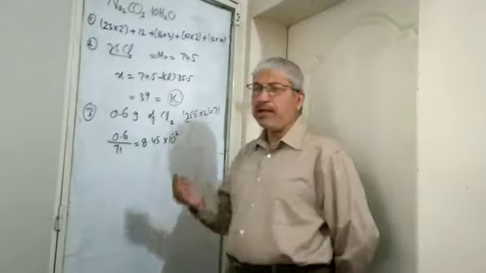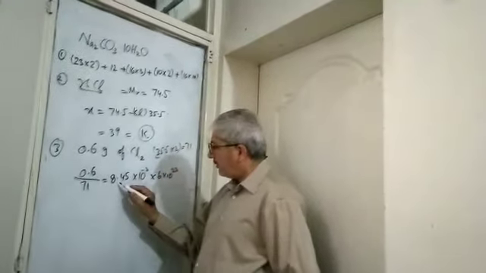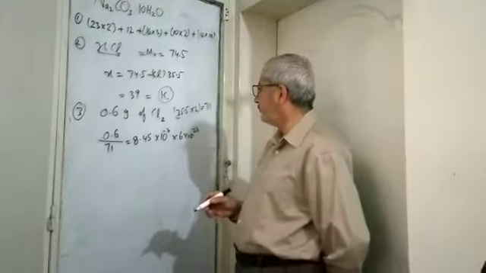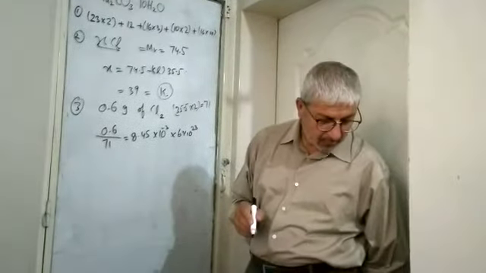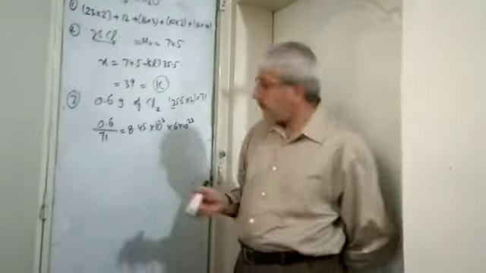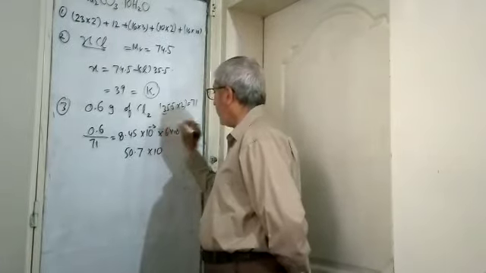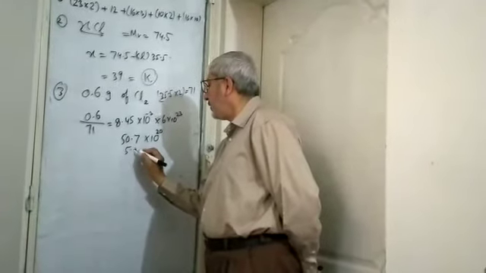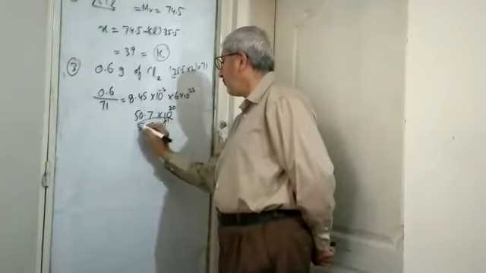So multiply this by Avogadro's number, 6 into 10 to the power 23. Just 8.45 multiplied by 6 is 50.7. 50.7 into 10 to the power minus 3 and 23 becomes 20. So it will be 5.07 into 10 to the power 21 molecules.